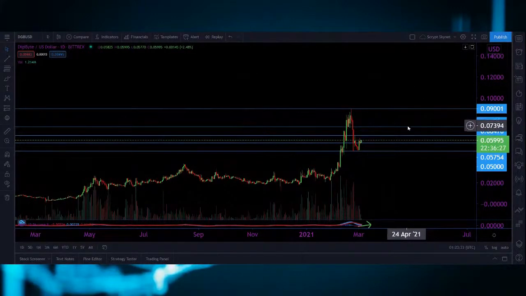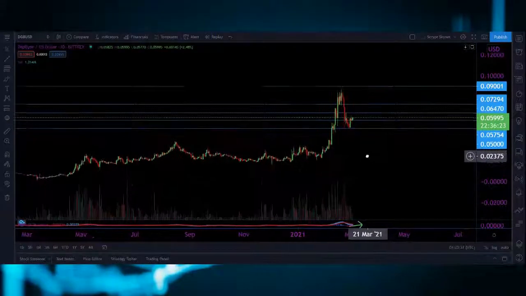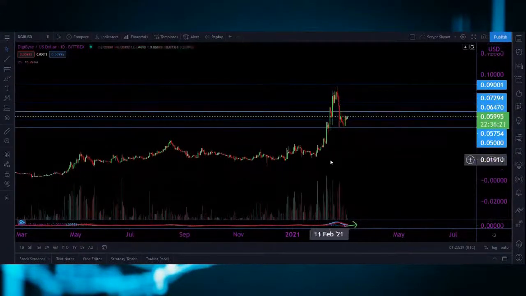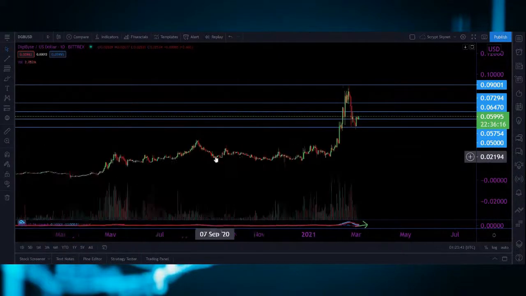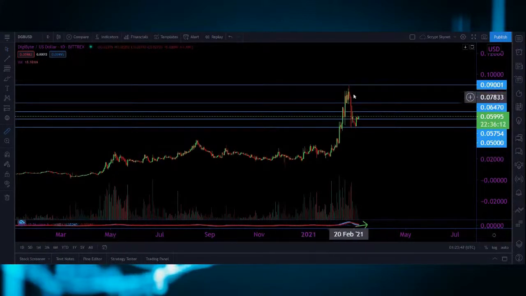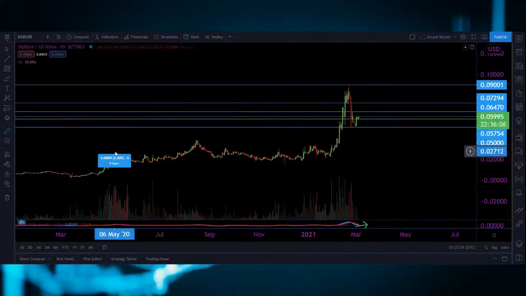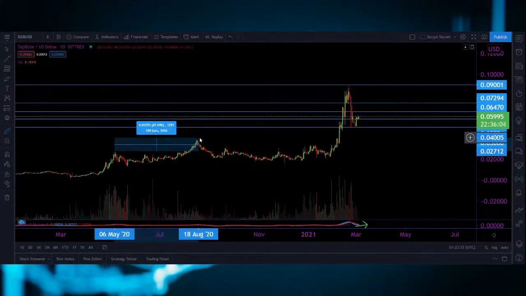So as long as people are buying DigiByte. Now, so this was our bigger move, okay? Let's see how long it took. So from this top to the next top, it was roughly 104 days.